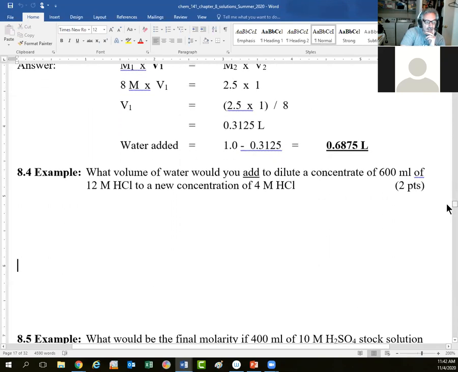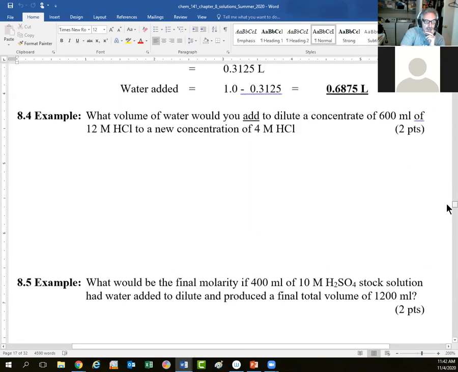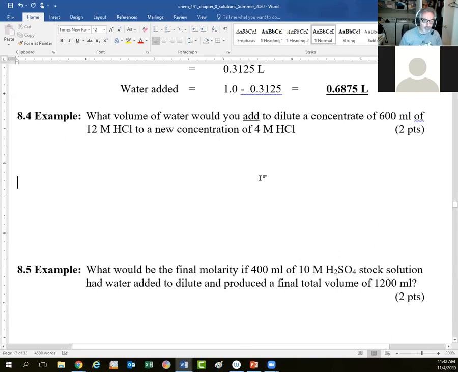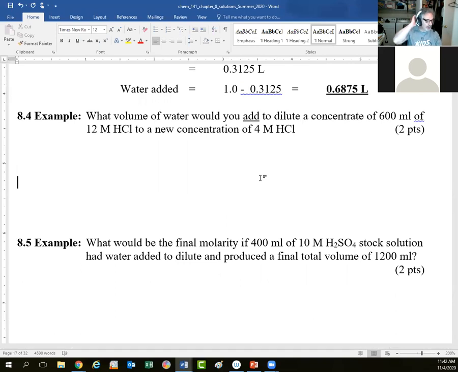Let's see, a couple of practice questions to finish off, 2 of them again. So we'll call this our finish point for today. What would be the answer for these 2? What volume of water do you have to add to 600 milliliters of 12 molarity acid to get the concentration to 4 molarity?